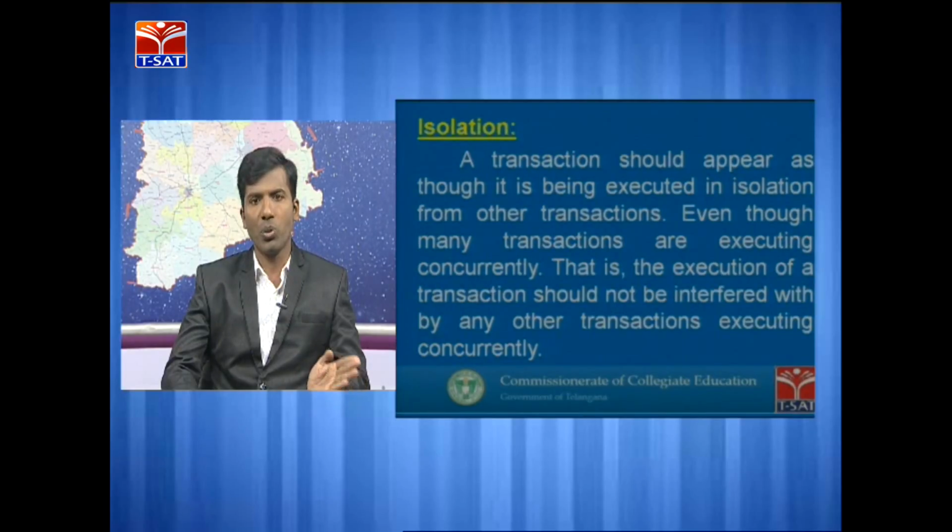If they are allowed to interfere, there is a great chance of the end user receiving incorrect results. So the competition needs to be properly managed for receiving the correct results. So the third property says that the competing transactions should not interfere with each other when they are under execution.